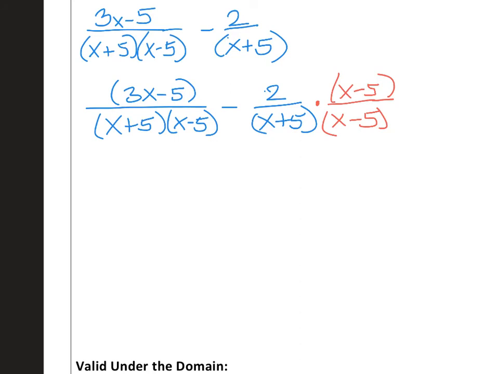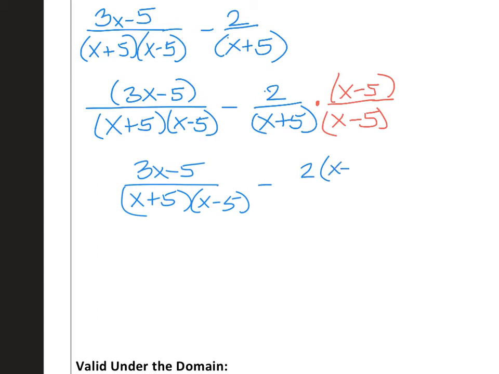And on the left, I'll just keep it as is. And on the right, I have 2 times x minus 5 over x plus 5 times x minus 5.